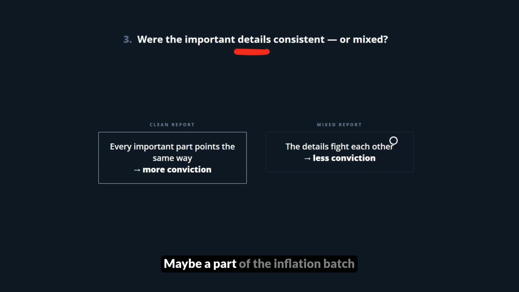Maybe a part of the inflation batch of data is inflationary and another set is deflationary in the same numbers. And for instance, with the NFP, this is very clear as well. Sometimes the headline number can be one figure, but then wages might be different and they might conflict, and that makes the report mixed. You will see some real practical examples later in the video.